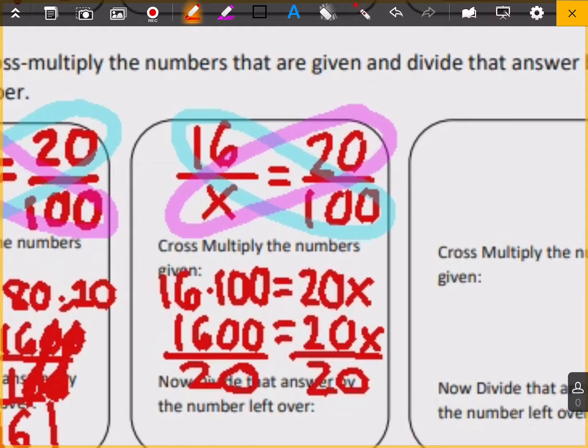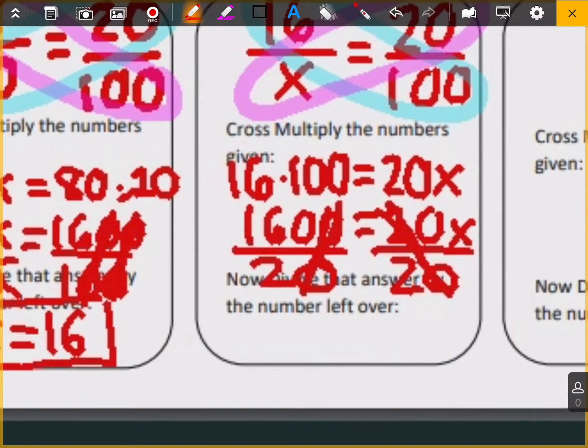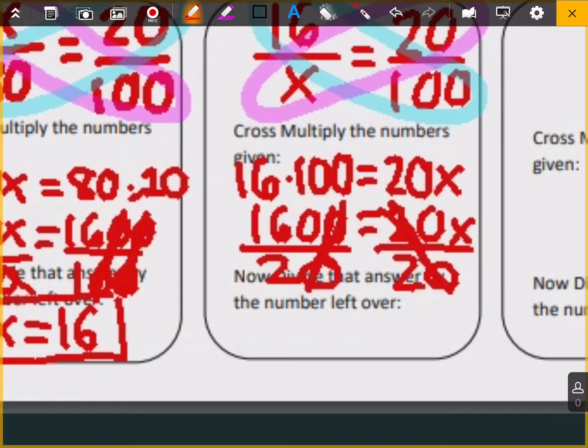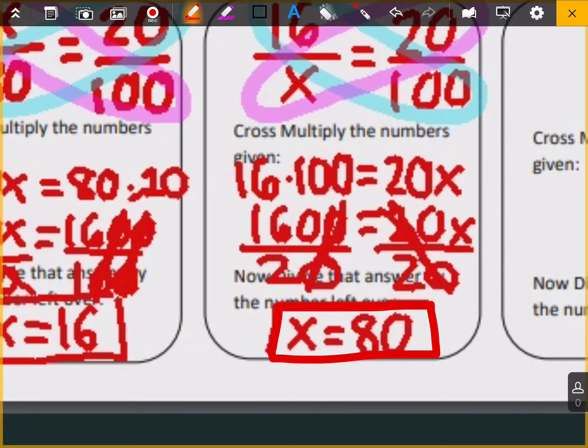Again, remember that if there are zeros on the top and the bottom, I can cancel those out like this. So now I'm really doing 160 divided by 2. When I do this, I will find that x equals 80. So my whole for this proportion is 80.